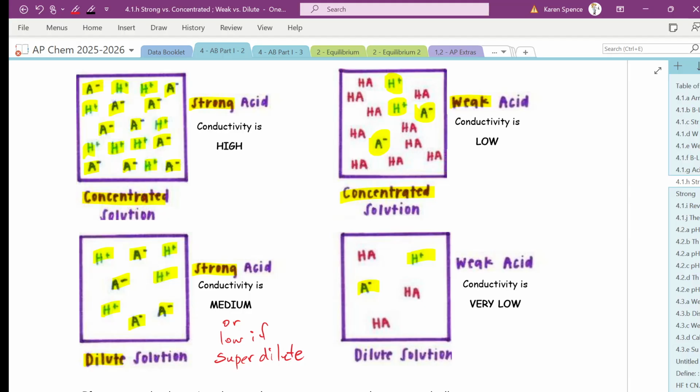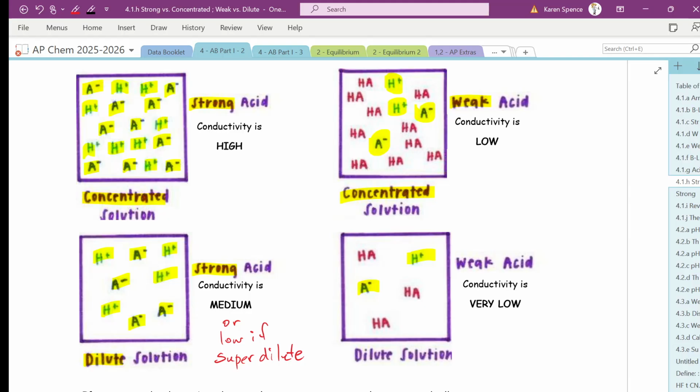Okay, so we have 1 molar acetic acid. We have 0.1 molar HCl. We have 0.1 molar acetic acid. And what have I got? Where's my other HCl? 1 molar HCl.